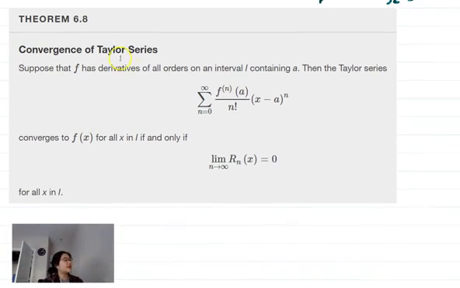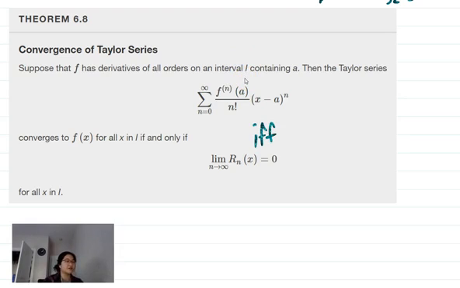And we also know that if we have a Taylor series with all the derivatives that we need on our interval that contains where we're centered at A, then this Taylor series is going to converge for all of our interval that we're looking at, if and only if. Remember, that's the IFF.